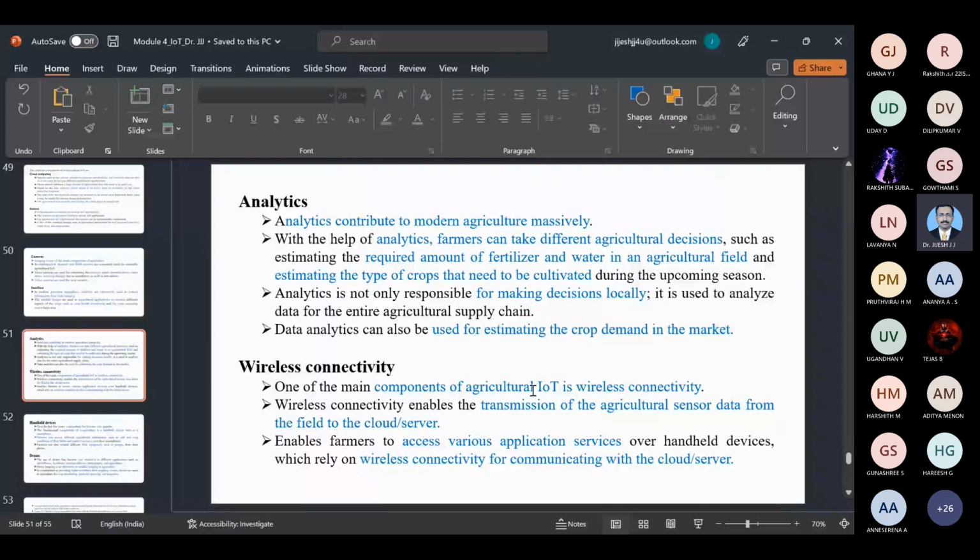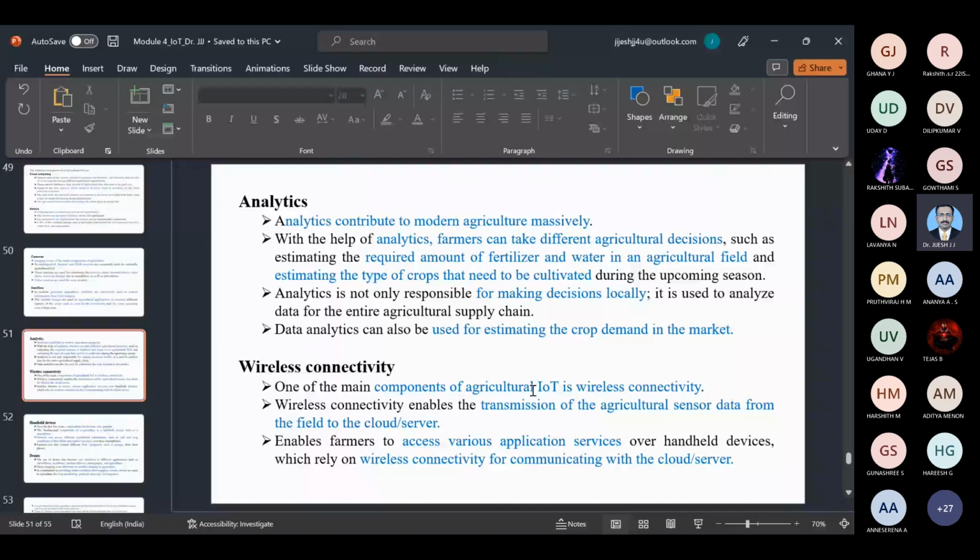So these are some of the contributions where, being an engineer studying these technologies and techniques, you can help the nation and the farmers, and they can come out successful in many aspects. Wireless connectivity is one of the main components of agriculture, and IoT is the connectivity establishment and how the information transfer can be done.